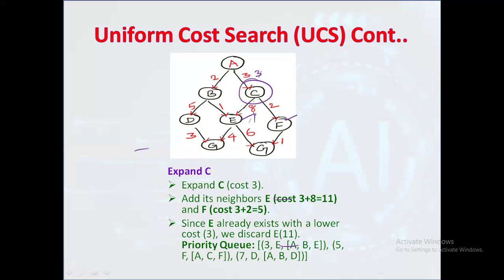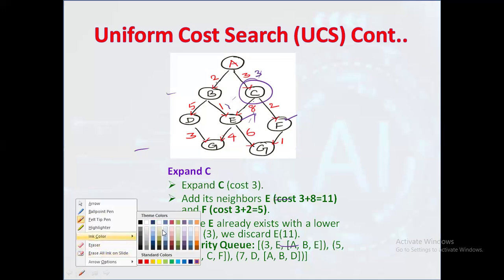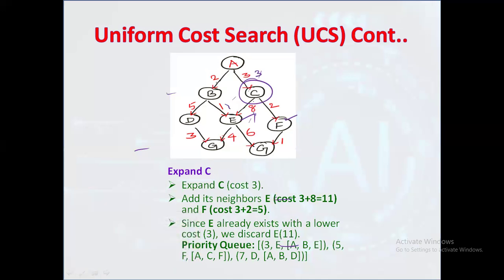But E already exists in the queue with a lower cost of 3, from 2 plus 1. So we discard this path, because E is already in the queue.